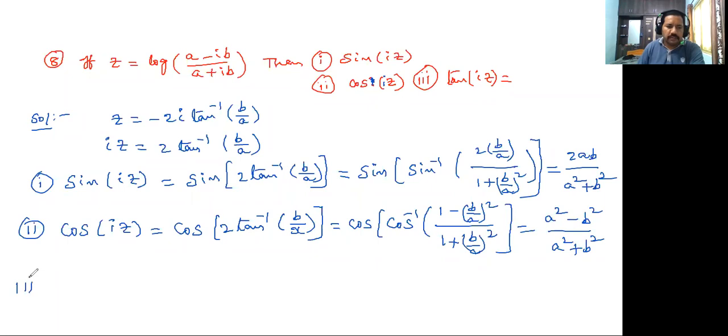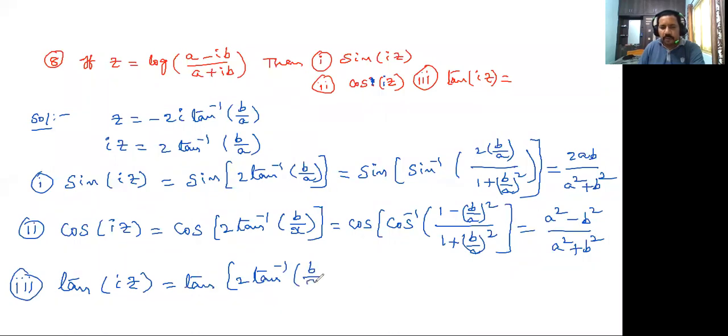Now observe the third one. What is given here? Tan of iz, that is tan of 2 tan inverse b by a. Now the 2 tan inverse x formula in terms of tan: tan of tan inverse of 2x by 1 minus x square.